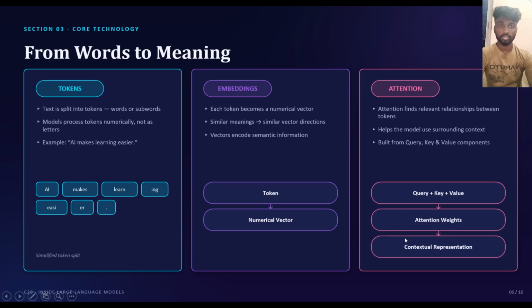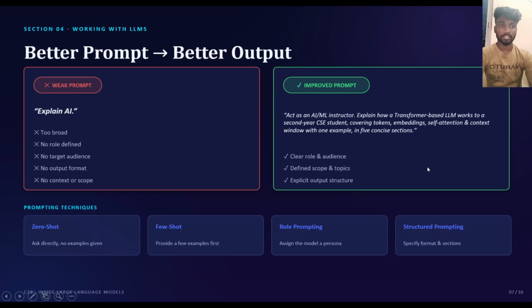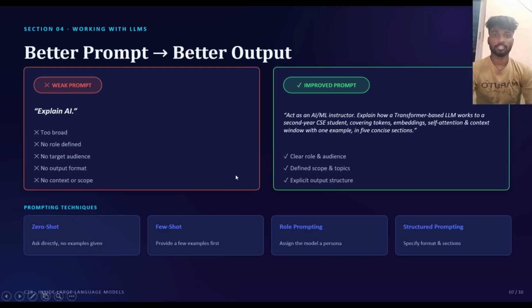These are used to calculate attention weights and produce contextual representations. So in simple terms, tokens represent the input, embeddings represent it numerically, and attention helps the model understand the relationship between the tokens.